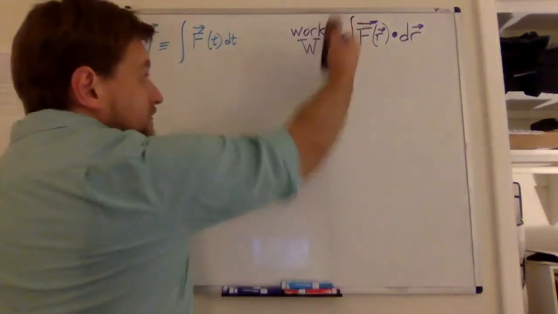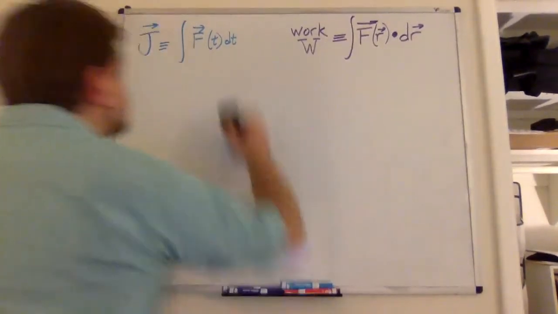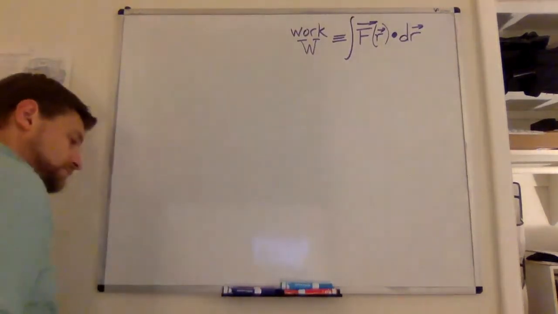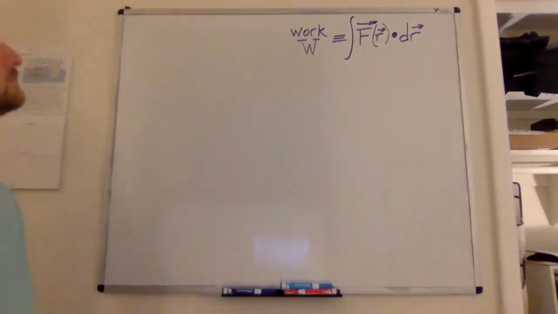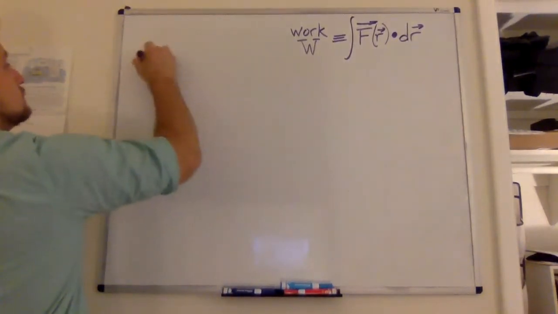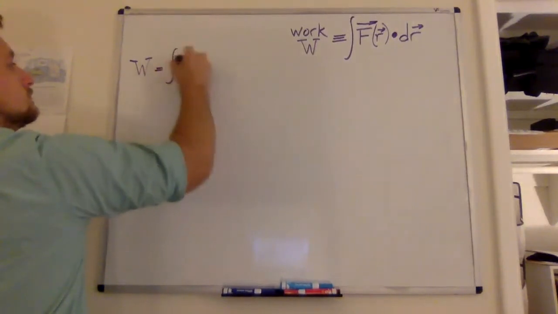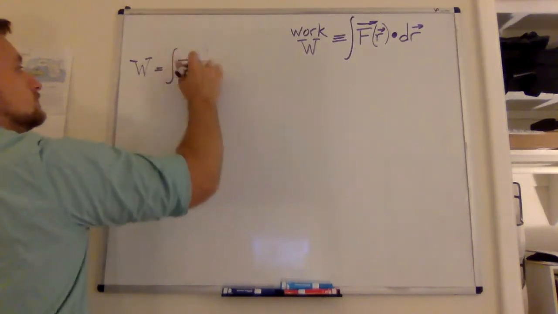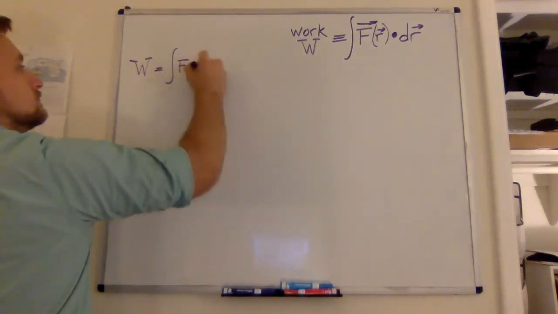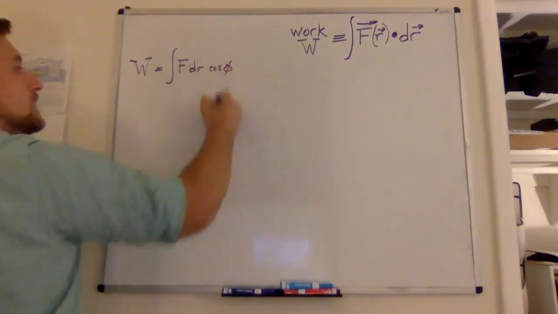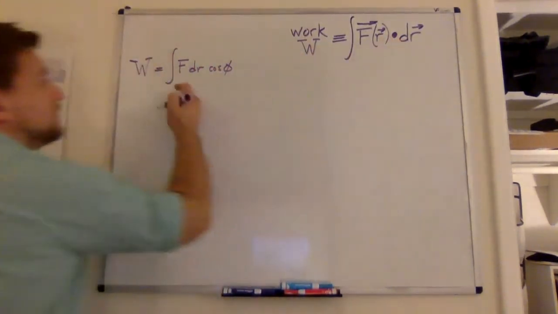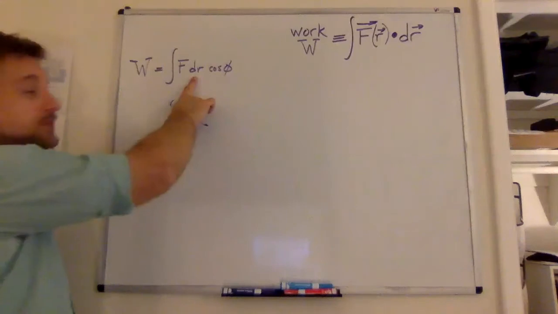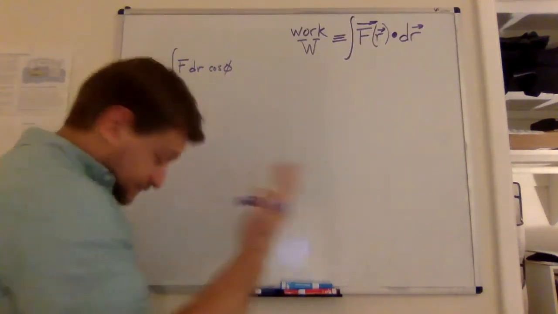Let us examine this new animal. Since it's a dot product, we know that it is the magnitude of the force times the magnitude of the displacement times the cosine of the angle between those two things.